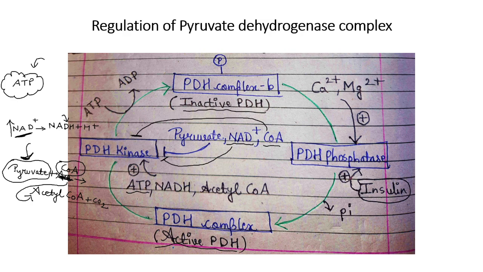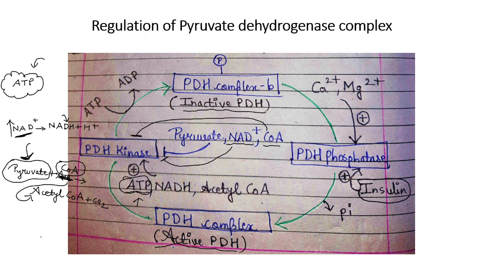But energy is already present in high amount, so we need to stop pyruvate oxidation. For this, we need to activate PDH kinase, because PDH kinase will convert the active PDH into inactive PDH. Due to this, pyruvate oxidation will not occur, and that is why ATP will promote the activation of PDH kinase.